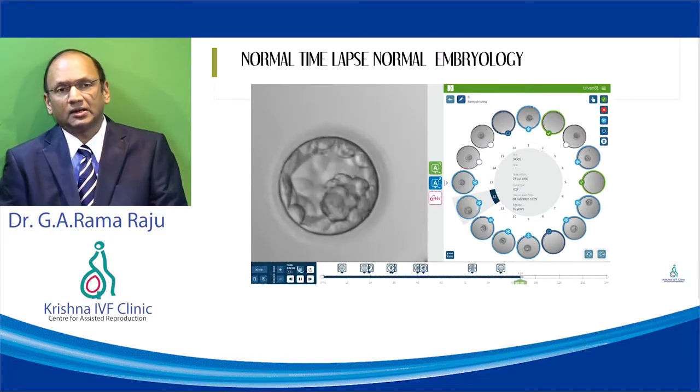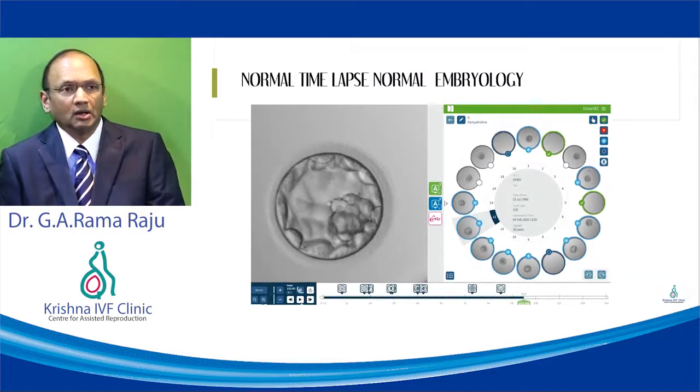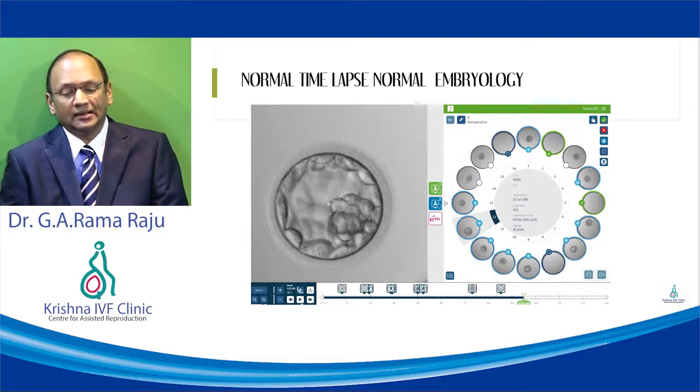So, everything can be recorded for all the oocytes. The model I use has 1 chamber for 1 patient, with 16 wells which can contain 16 oocytes for 1 patient, and they can be monitored in this way.